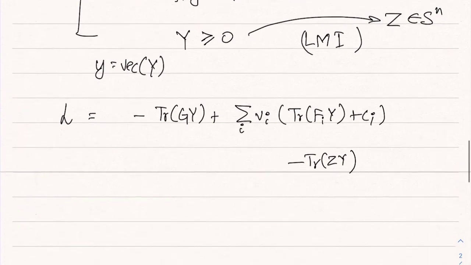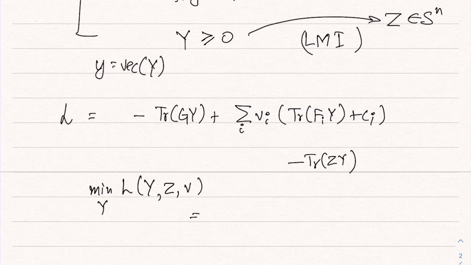Now let's minimize the Lagrangian with respect to the primal variable, which is Y, where the dual variables are Z and nu.